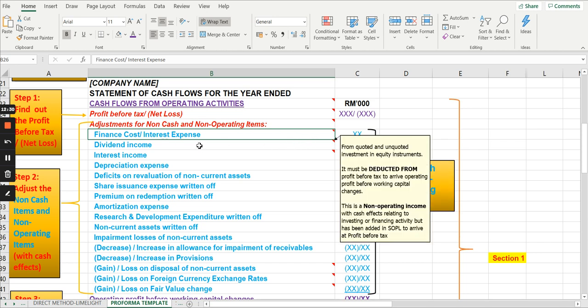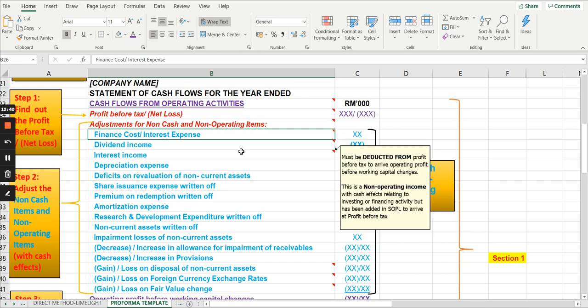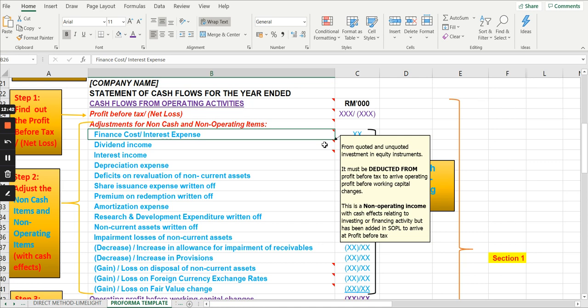Dividend income: before this, what you do is add it in the calculation of profit before tax. So now you deduct it to arrive at the operating profit before working capital changes. Why?